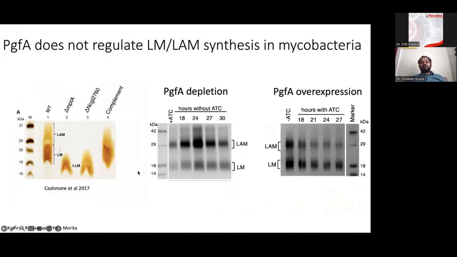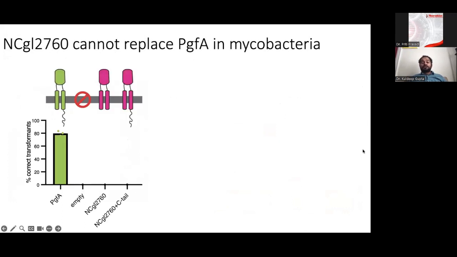In PGFA depletion, the level of LM-LAM goes up, and in PGFA overexpression, the level of LAM goes down. And when we put the gene NCgl from Corynebacteria into Mycobacteria, it cannot substitute its function.